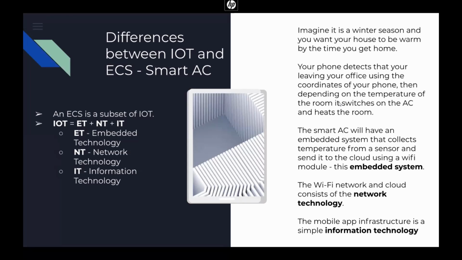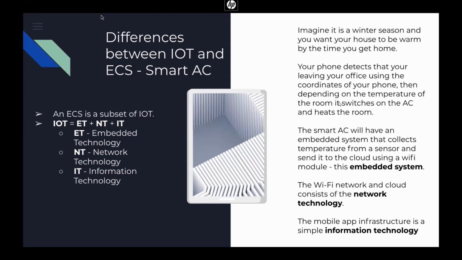Now, an embedded technology, we talked about it. It's a device that performs a specific function. In this case, let's think of a winter period whereby you're leaving your office going home. Your phone can automatically tell that you're leaving your office, from an application on your phone.